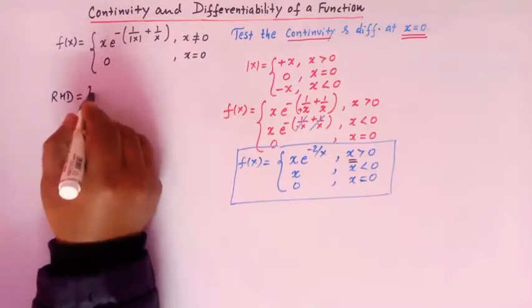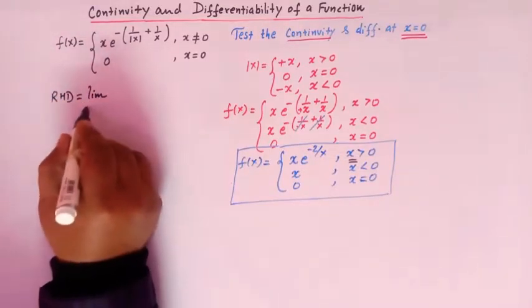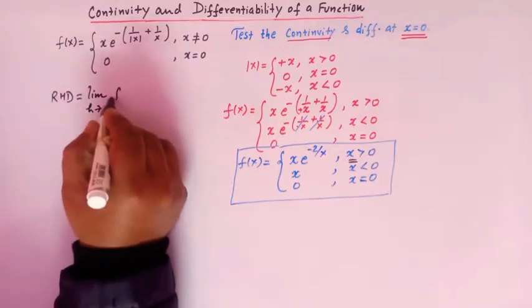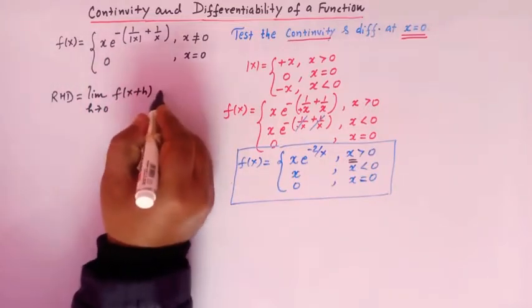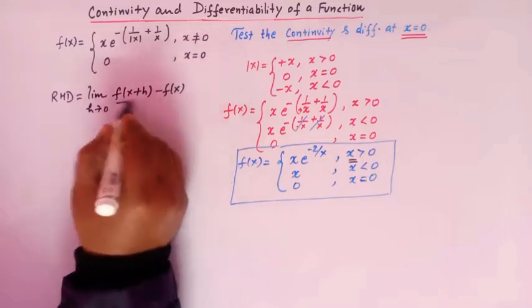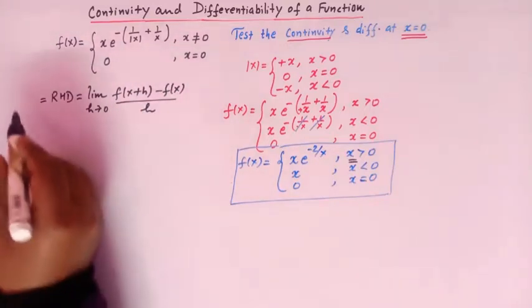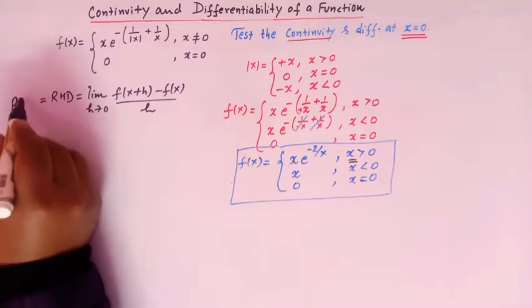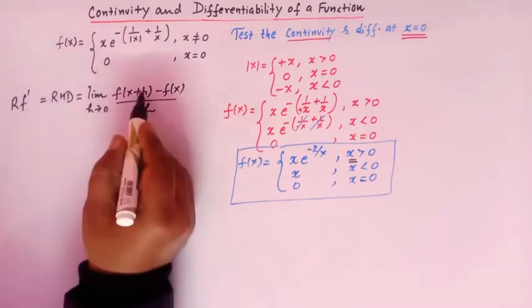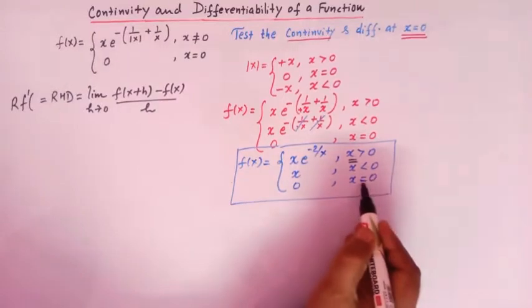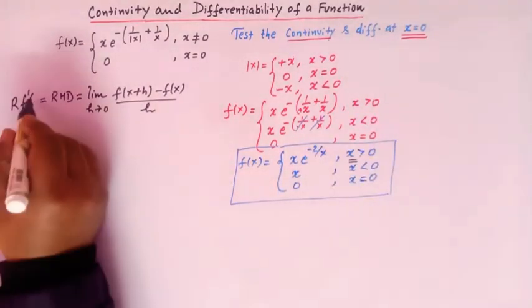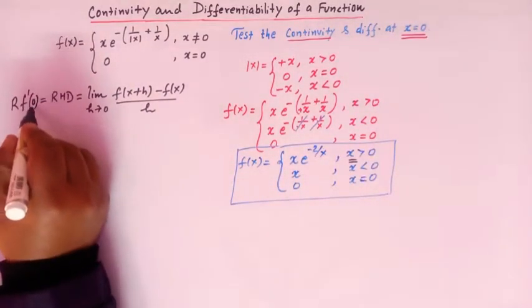So the right hand derivative is given by limit h tends to 0 of f of x plus h minus f of x over h, right? Sometimes the right hand derivative is also denoted by R f prime of, say, here we have to test the differentiability at 0, so we write here 0.